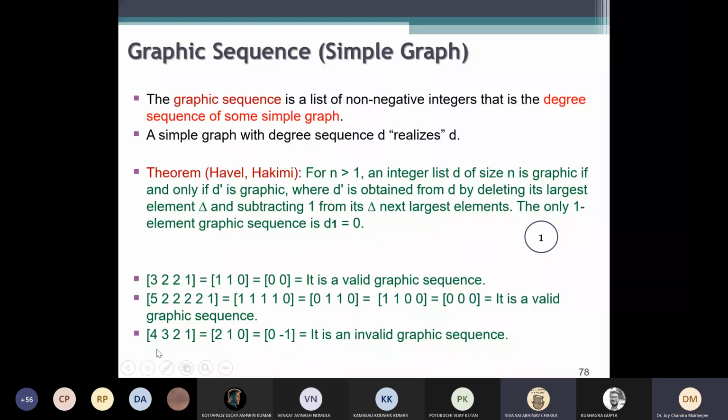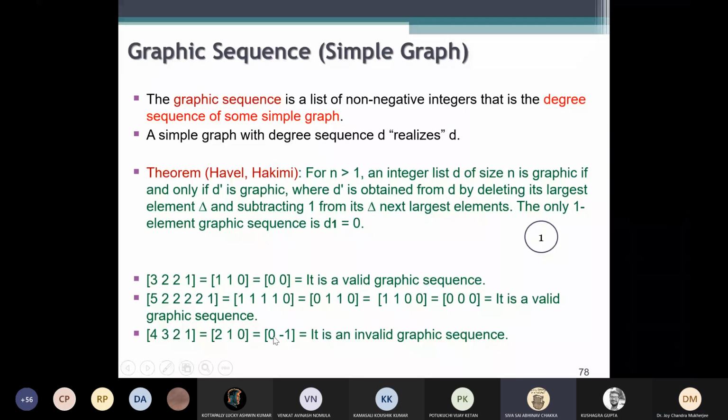But 4, 3, 2, 1 is not a valid graphic sequence, because if I delete 4, I need to have 4 elements next, from which I must delete 1. So it became 2, it became 1, it became 0, but I do not have a fourth element here.